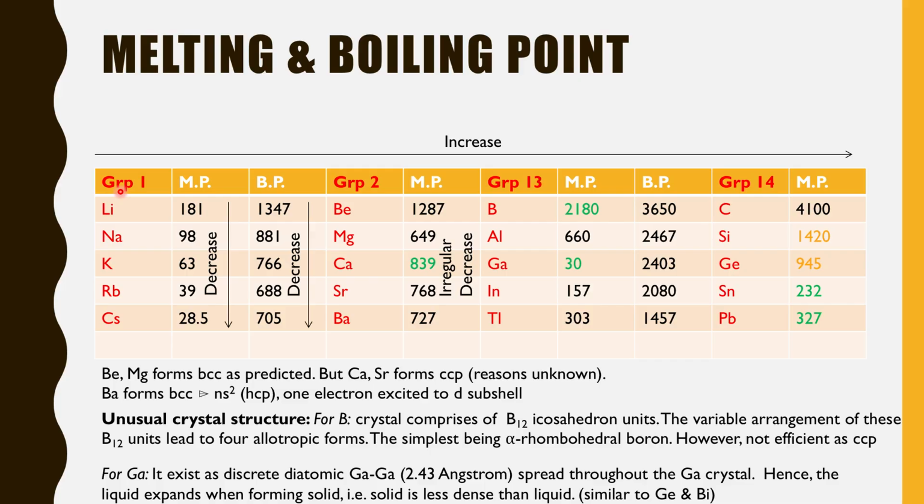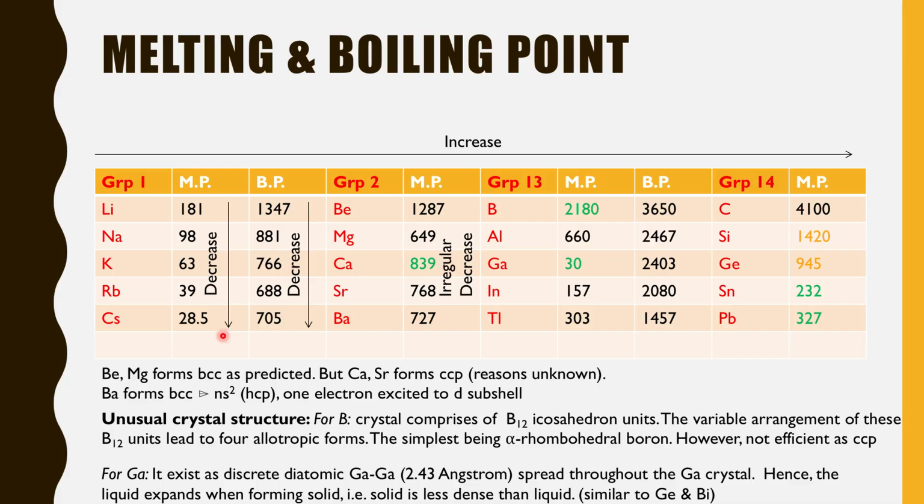You see a very smooth decrease in the melting point as you move down the group. Even the boiling point shows a similar trend. Why is that so? Because there is a smooth increase in the covalent radii. When the covalent radii increase, the internuclear distance increases, so the cohesive energy reduces.